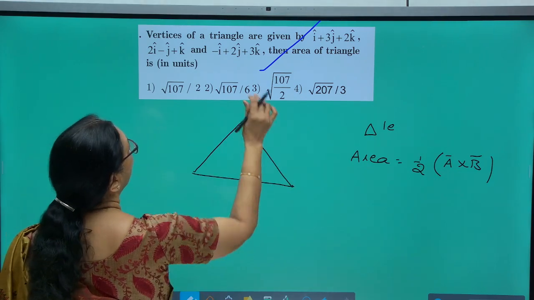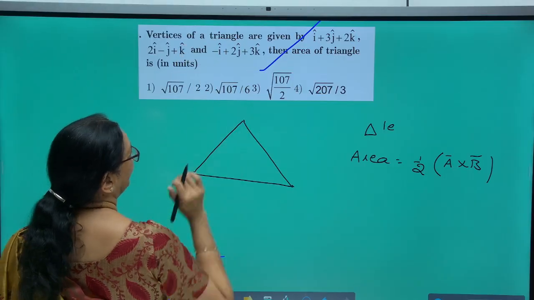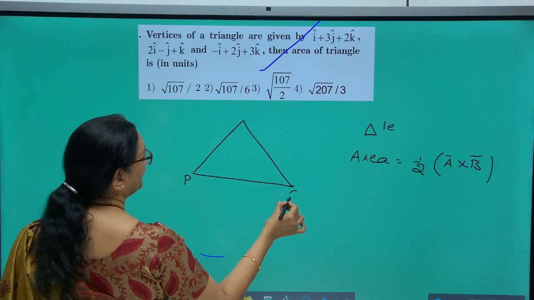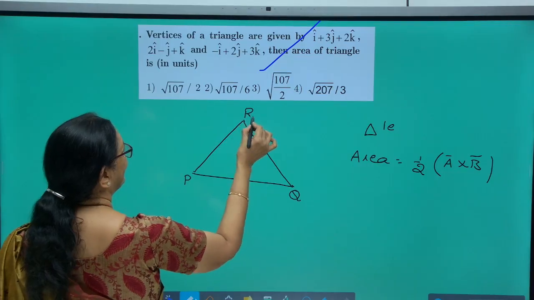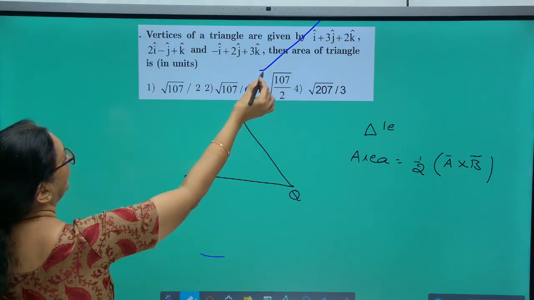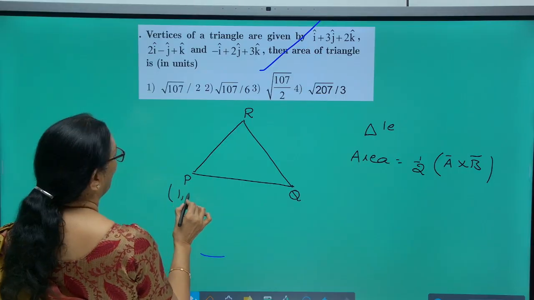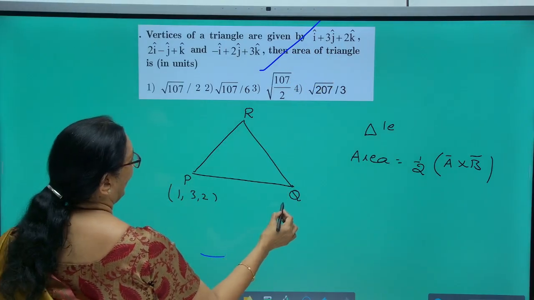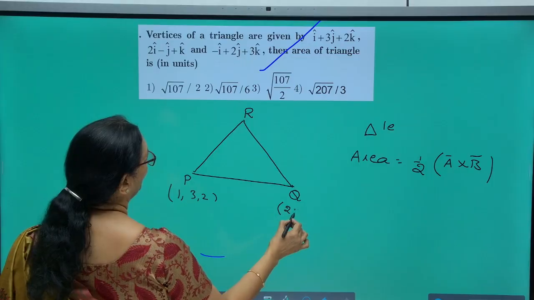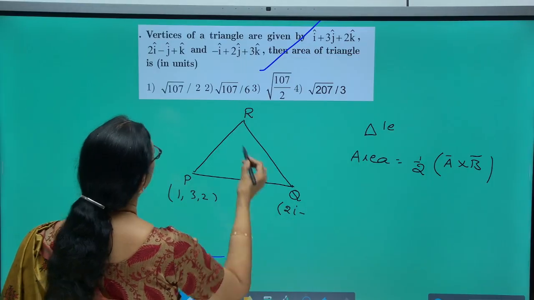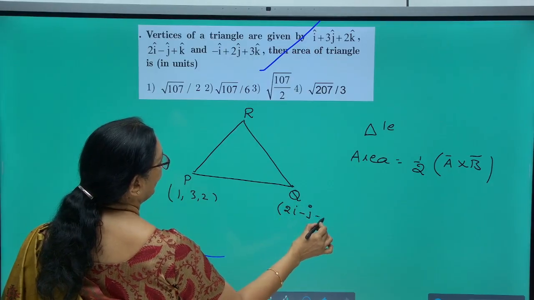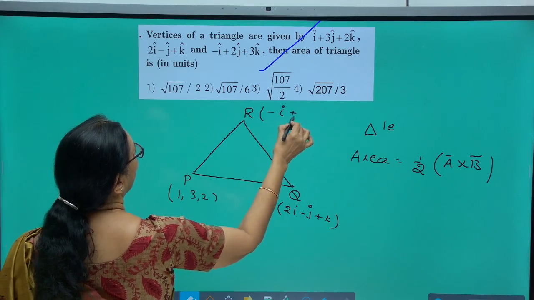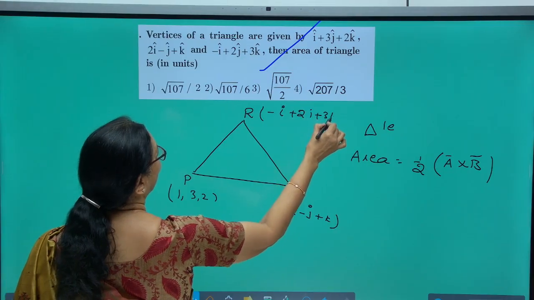Here, look very carefully. In this problem, you are given the vertices of a triangle. Let us take this point as P, this point as Q, this point as R. Right? The vertices are given as I bar plus 3j bar plus 2k bar, then 2i minus j plus k, and minus i plus 2j plus 3k.